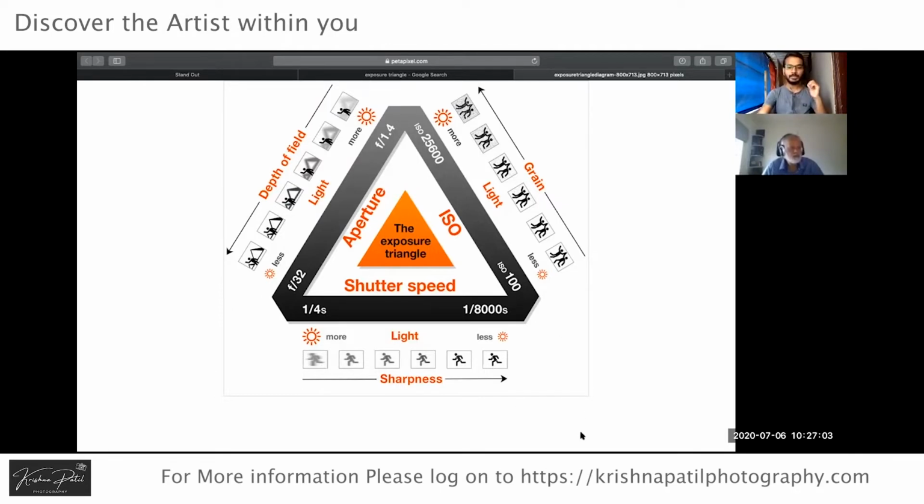Let's take one example. Now you are able to see the whiteboard, right? It is like a mathematical equation. If my entire total needs to be 10, I have three different elements: aperture, shutter speed, and ISO.